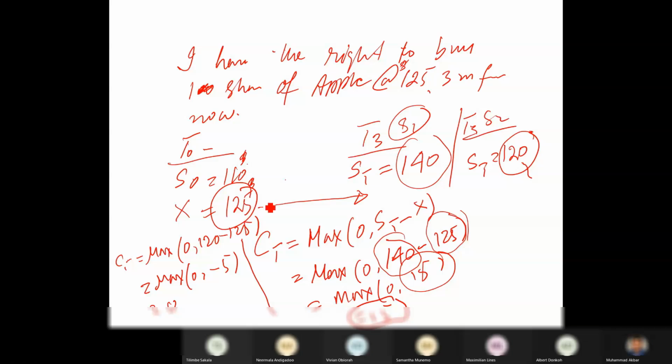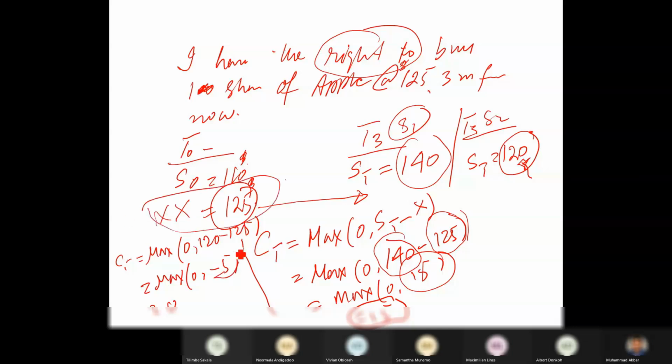No. Because in the option I have the right to buy, I will let my option expire out of the money. I will not exercise, because exercising will not make any gain. It will in fact make a loss of minus 5.